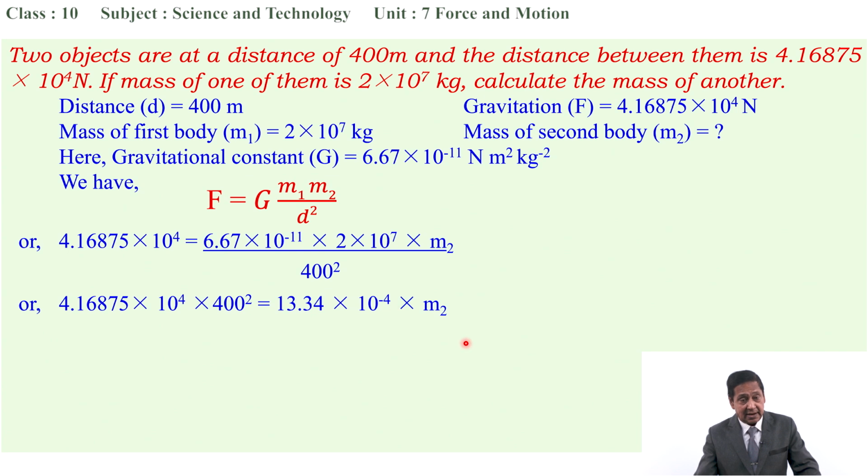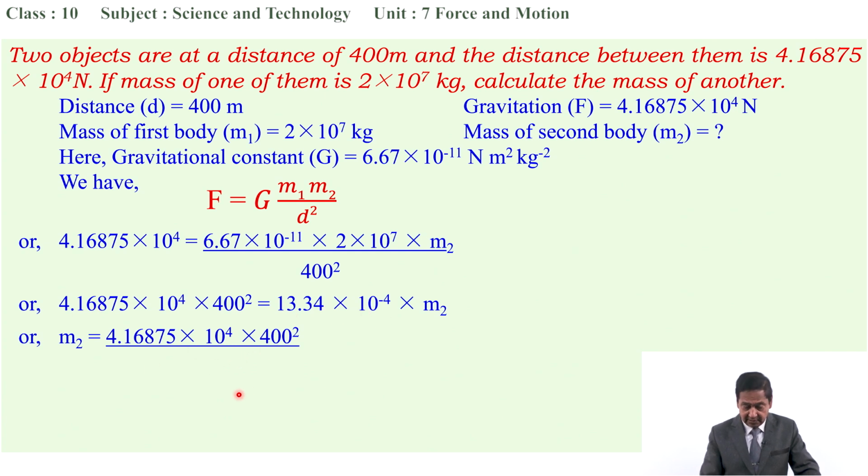And now if m1 is taken to one side, then we have to take this 13.34 into 10 power minus 4 in the denominator this way. And if we take this 10 to the power 4 in the numerator, it becomes positive 10 to the power minus 4 plus 4, and this number can be divided by this number.